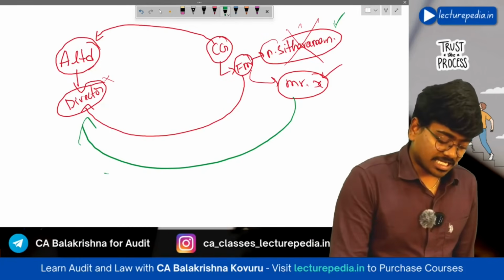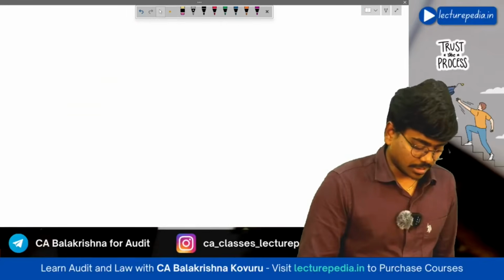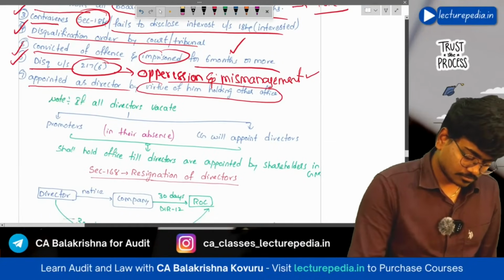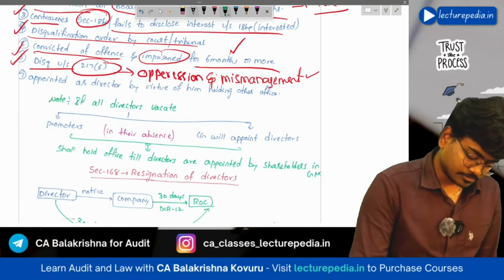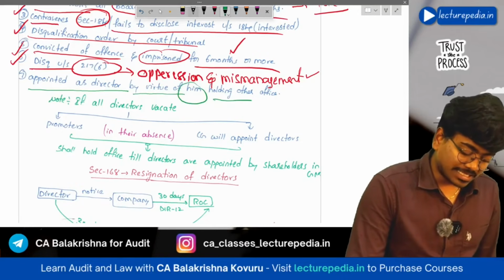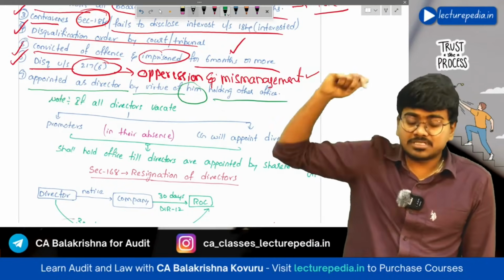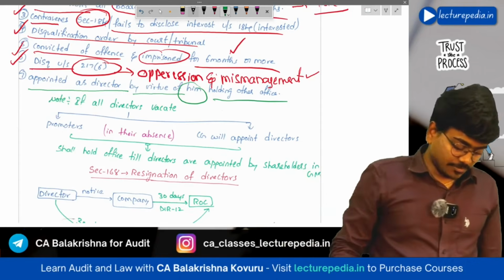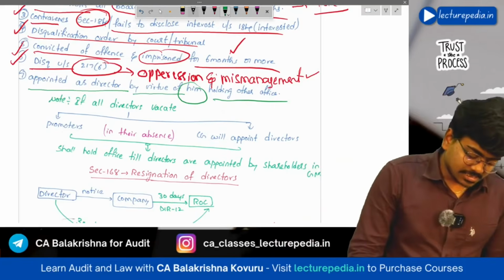Why? Because she has been removed from the post of finance minister. So that is the last point. Appointed as director by virtue of him holding other office. In this situation, if he vacates his other office, he should also vacate his office of directorship. So these are the 7 situations in which a director will have to vacate his office.